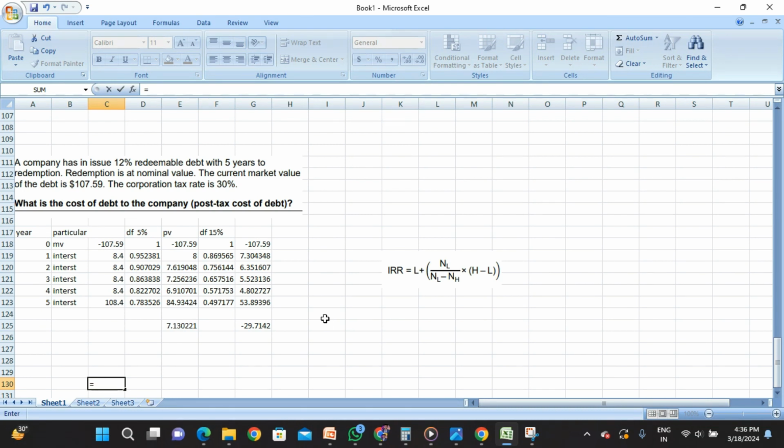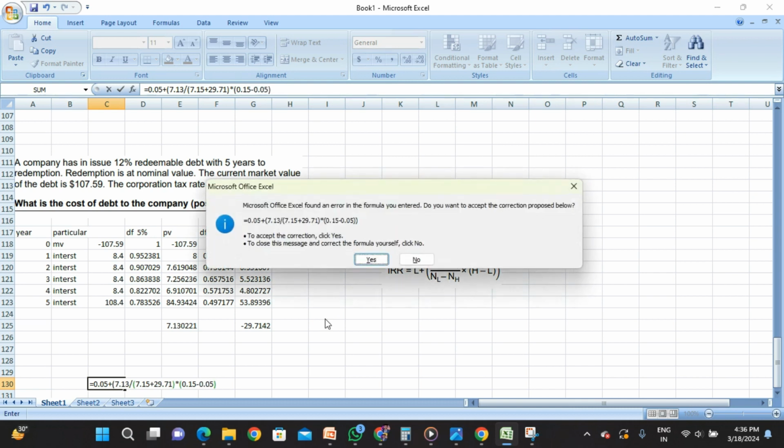Equal to lower rate, which will be 0.05, plus bracket, NPV at lower rate, which will be 7.13, divided by bracket, NPV at lower, which will be 7.15. Minus minus will become plus 29.71, bracket close, into bracket, NPV at higher will be 0.15 minus 0.05, bracket close.